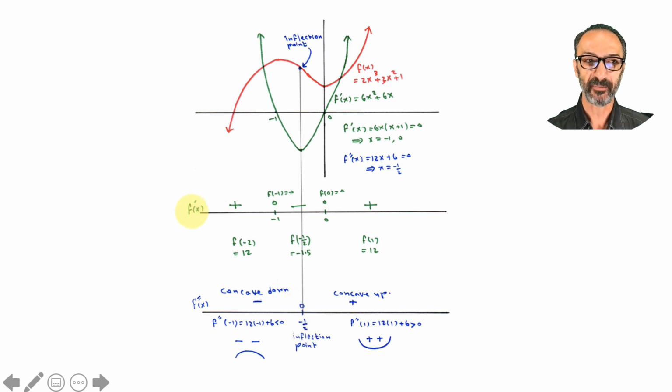F prime is a parabola that has 2 zeros and opens up because the leading coefficient is positive 6, so it looks like this. If you pay attention differently from the graph without plugging numbers, take a look. The values between 0 and -1 are below the x-axis, so f prime is negative.